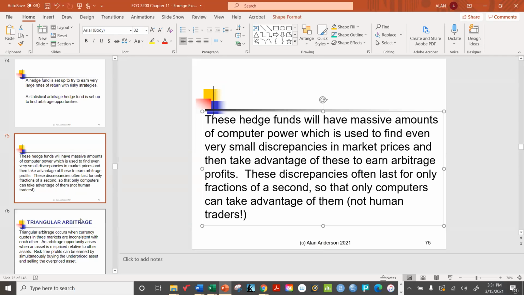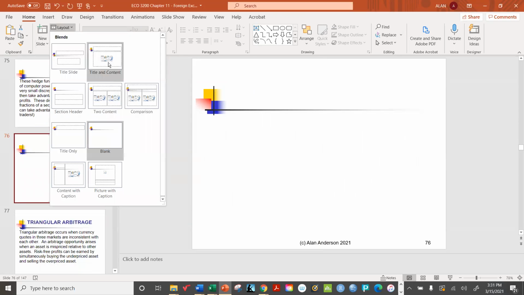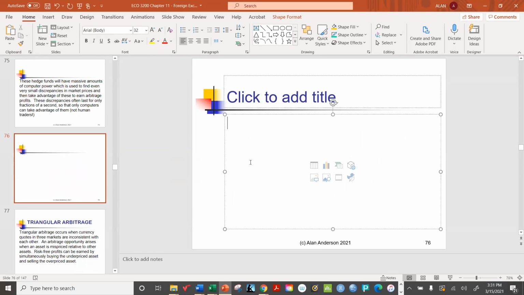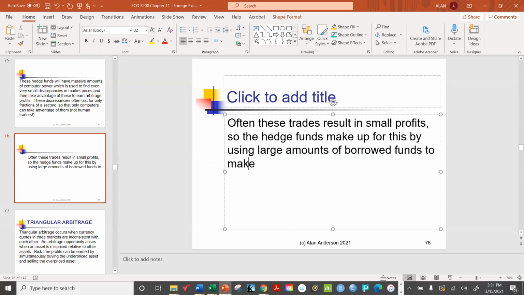Now, here's the problem with this, though. From the perspective of the hedge funds, often these trades result in small profits. So the hedge funds make up for this by using large amounts of borrowed funds to make the trades.